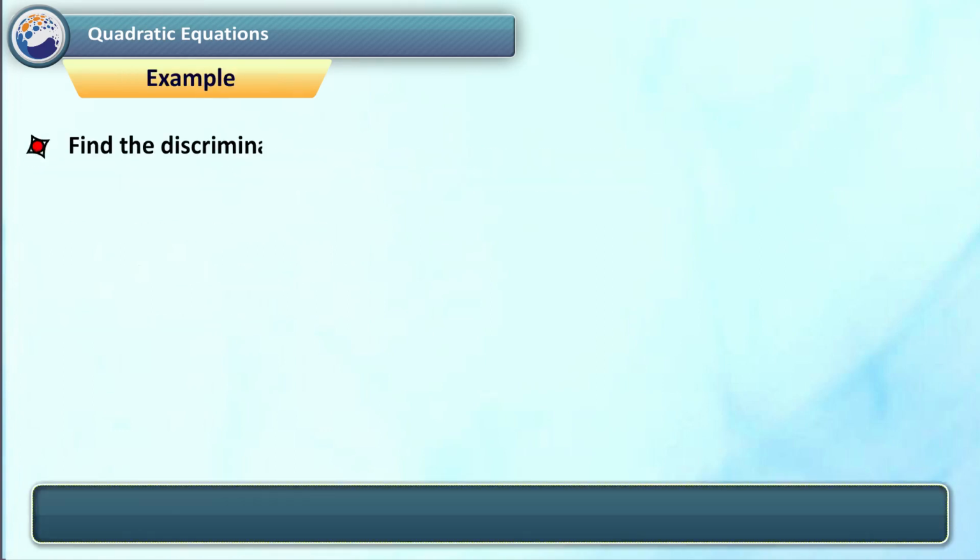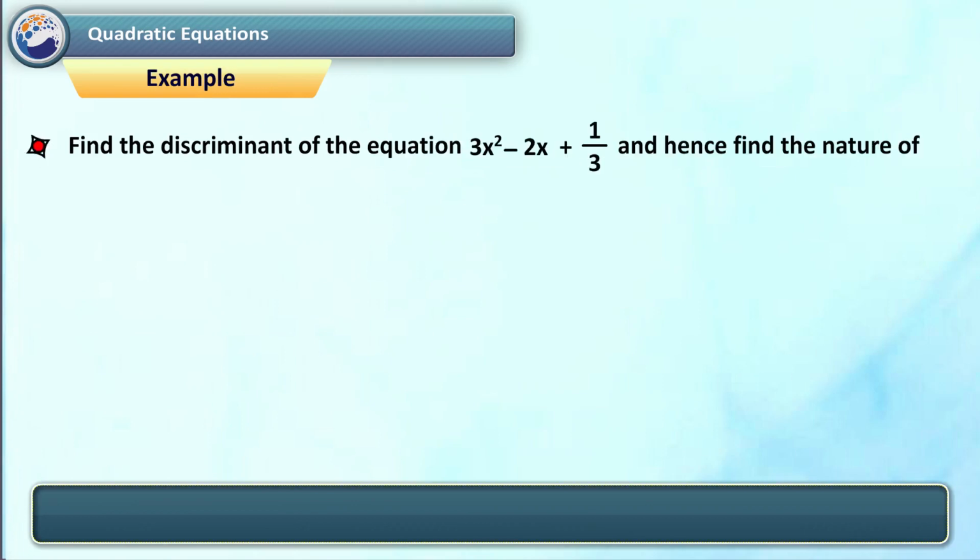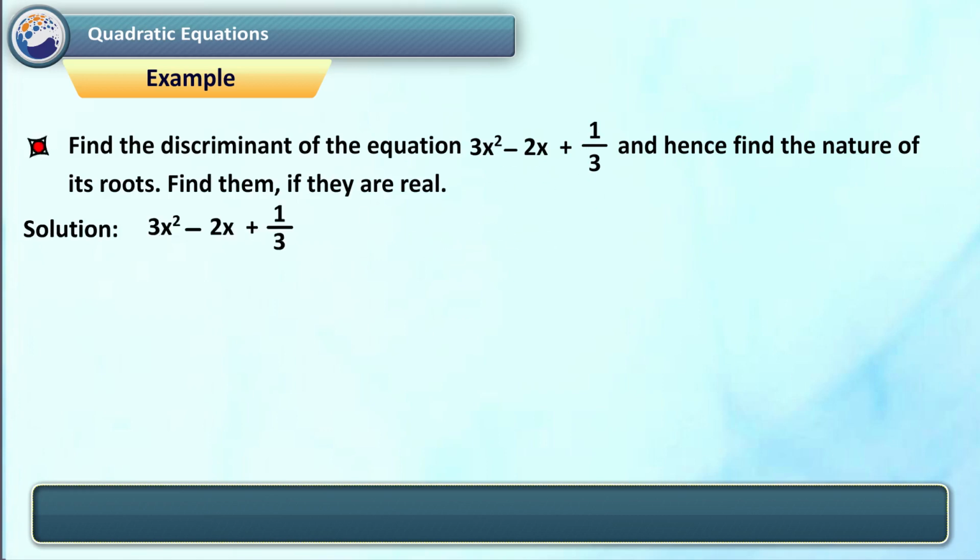Find the discriminant of the equation 3x squared minus 2x plus 1 upon 3 is equal to 0, and hence find the nature of its roots. Find them if they are real. Solution. Here, a is equal to 3, b is equal to minus 2, and c is equal to 1 by 3.